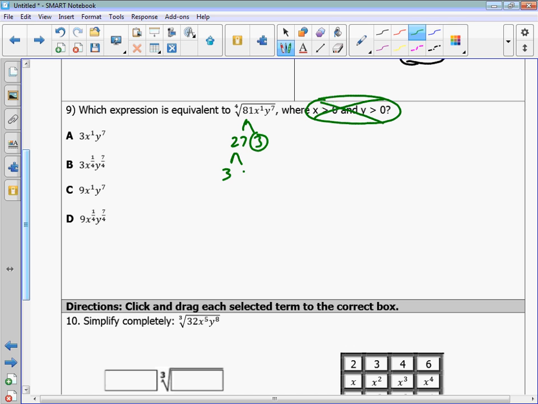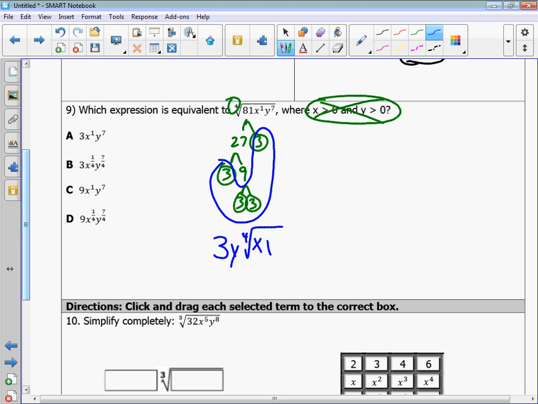So 3 times 3 times 3 is 81. It is a fourth root, so you need 4 groups of 4. You have to have 4 threes. So it's going to come out as a 3. There's only one x, so that stays underneath that fourth root. And there's 7 y's. We can make up one grouping, which leaves us with 3 left over. So 3 times y times the fourth root of x, y to the third.